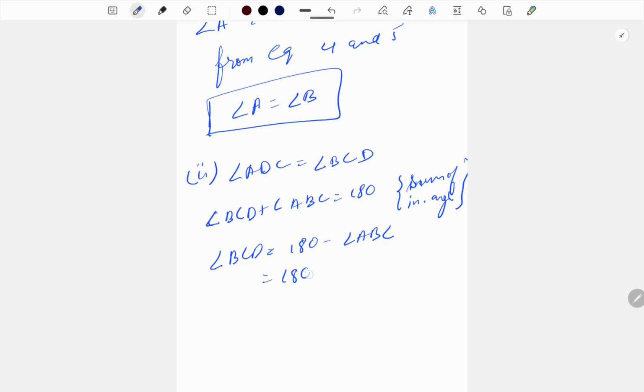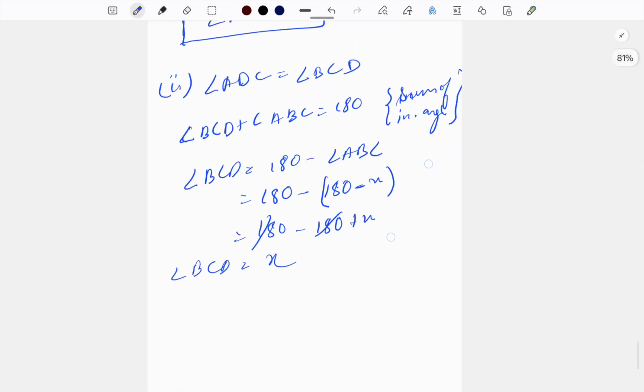And what is angle ABC? Angle ABC is 180 minus x. So again, 180 minus 180 plus x. So angle BCD is equal to angle x. BCD is x. Now we have to understand BCD and ADC. What is ADC?